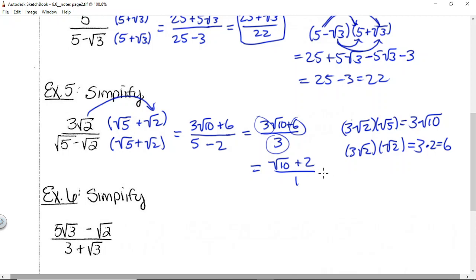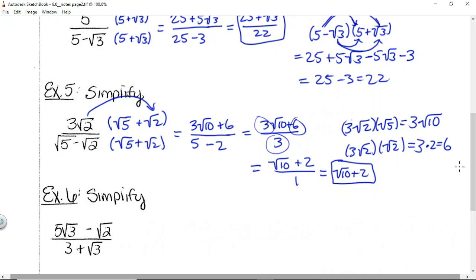So we can write it without that, and that gives us square root of 10 plus 2. We're just writing it without the denominator because it's just 1 in the denominator, so we don't need to write it. And this is the simplified answer.